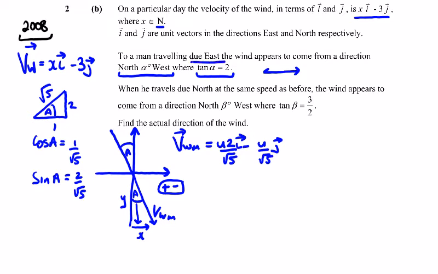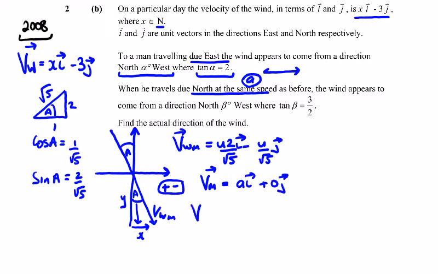He's traveling due east. We don't have his speed, so we'll call it a, not to mix it up with acceleration. So the velocity of the man, going due east in the positive i direction, is a in the i direction, plus 0 in the j direction.